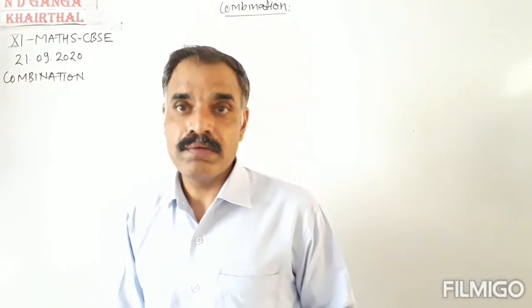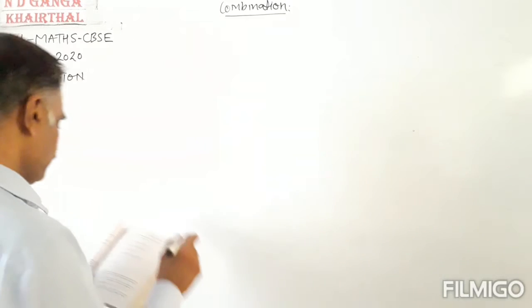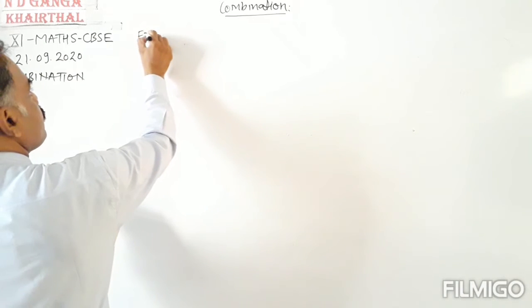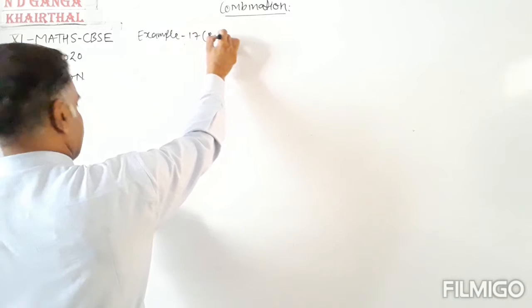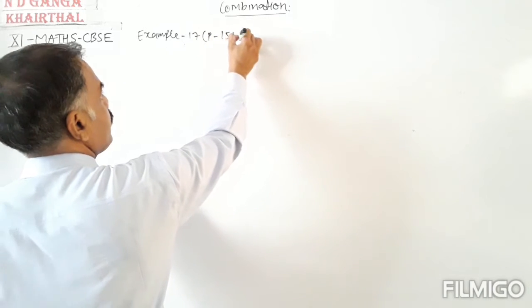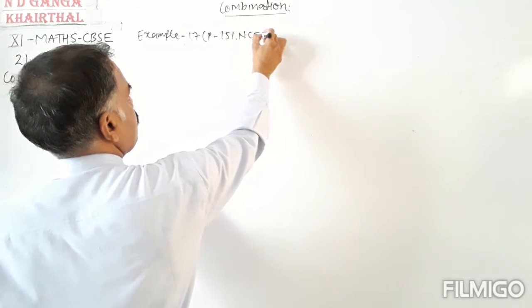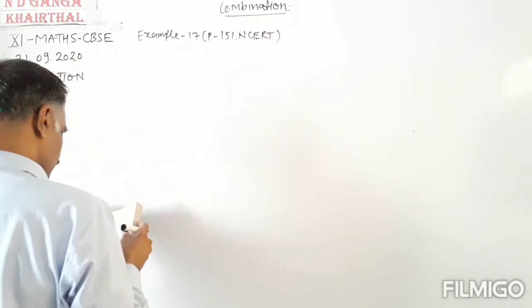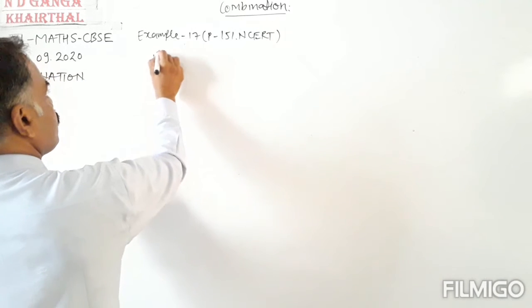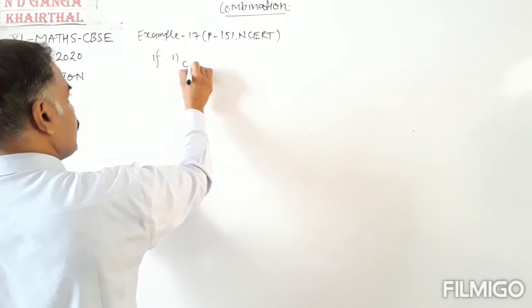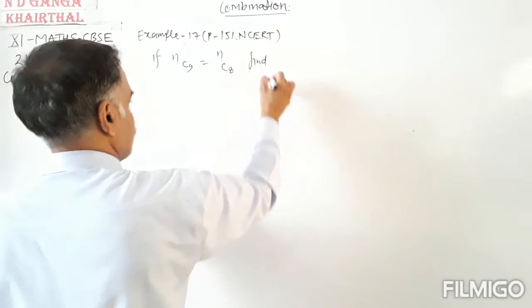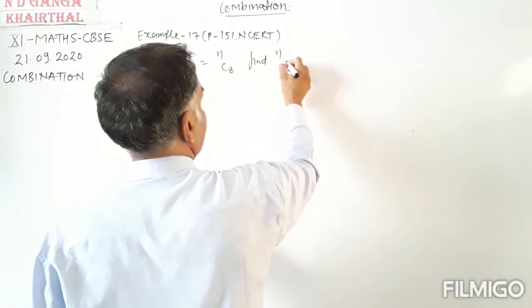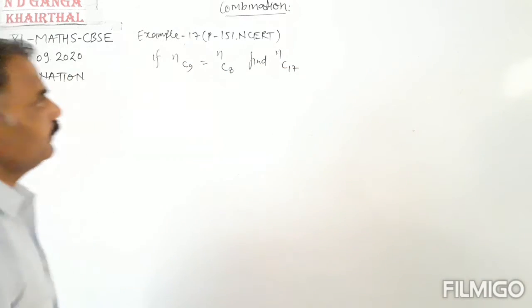First of all, example number 17, page number 151, NCERT book. Okay. Given that nC9 equals nC8, then find nC17.